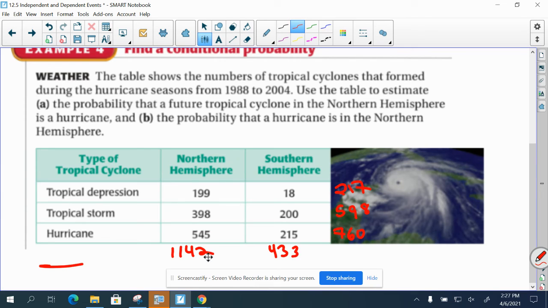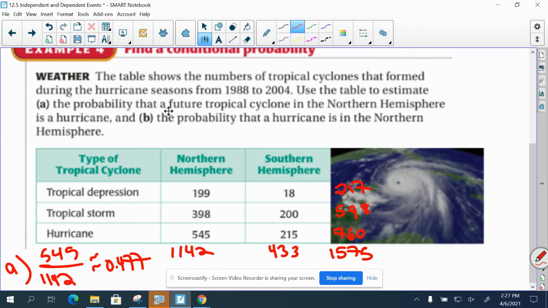A good rule of thumb is to add up these and you should get the same number for the total, which is 1575. So when you find the probability that a future tropical cyclone in the northern hemisphere is a hurricane, you're looking out of the ones in the northern hemisphere, which is 1,142, there are 545 that are hurricanes. This is part A. If you divide those two, you get about 0.477.